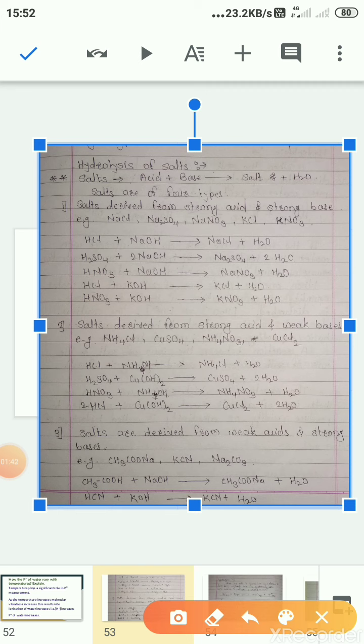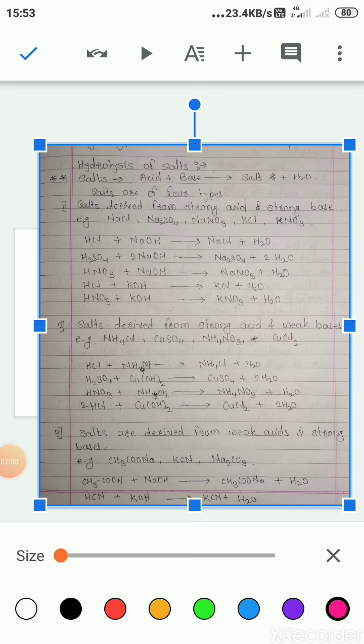These are the strong acids, while KOH and NaOH are strong bases. So the reaction of these strong acids and strong bases produces the salts. Now see, one by one, examples of salts derived from strong acid and strong base.